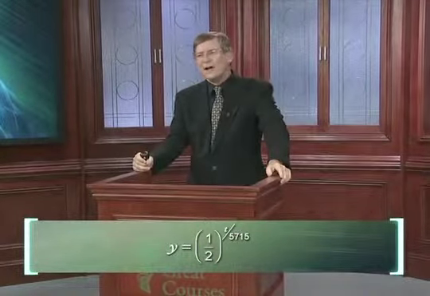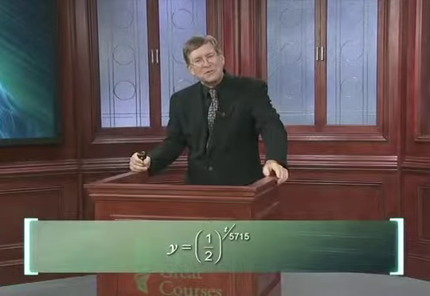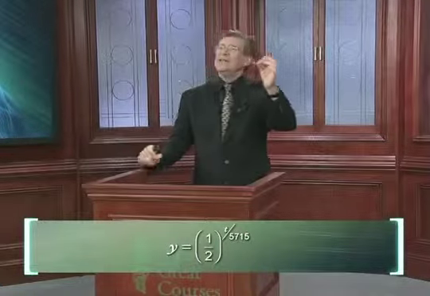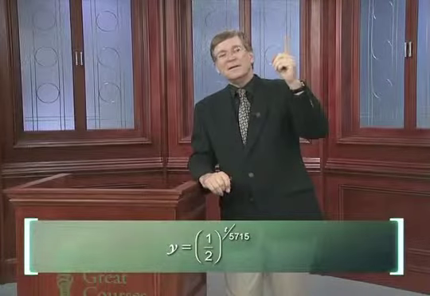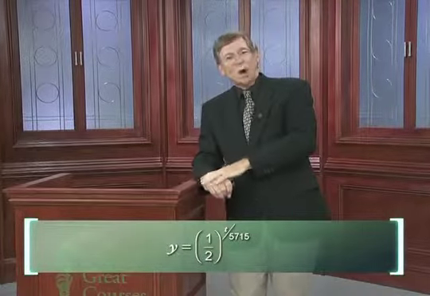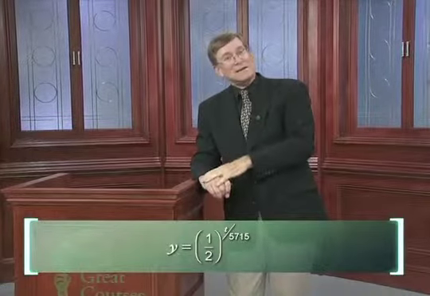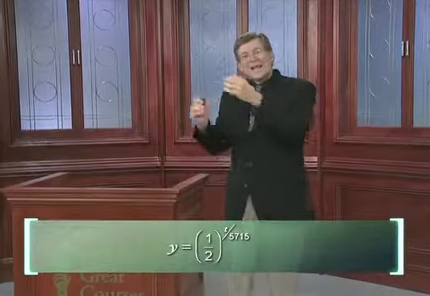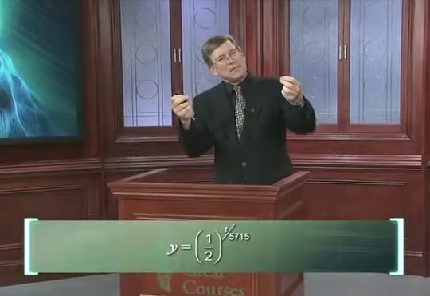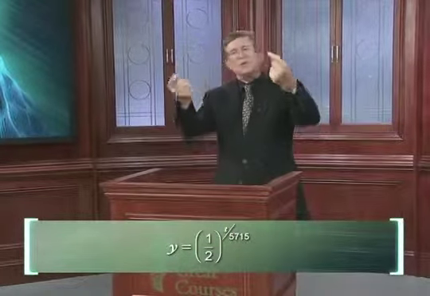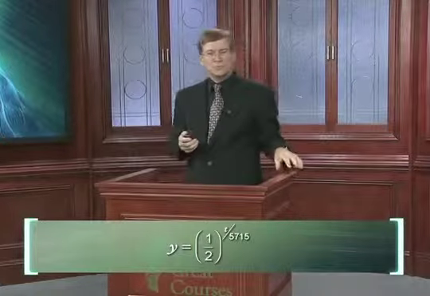How much is there after 5,715 years? Well, replace T with that number, and your exponent is now 1. And so Y is equal to 1/2. Great. You can see how it works. Every interval of 5,715 years, you go down by a factor of 2.